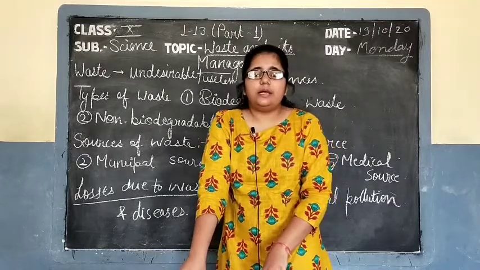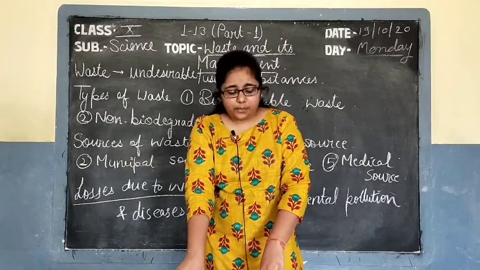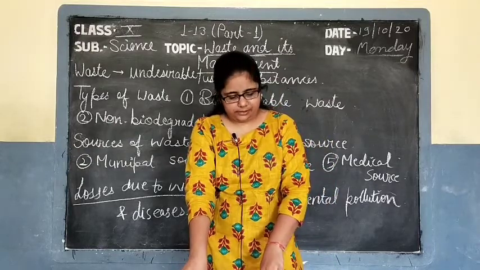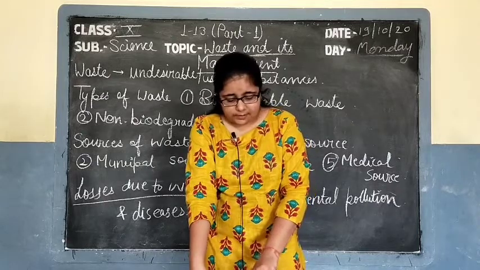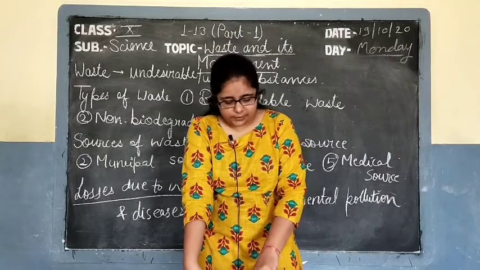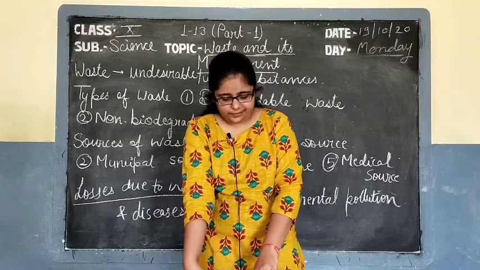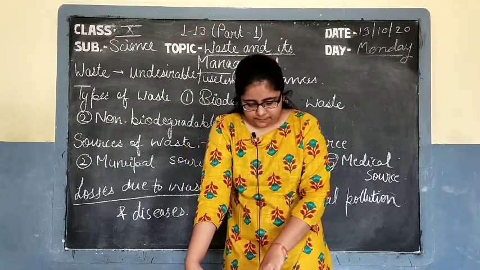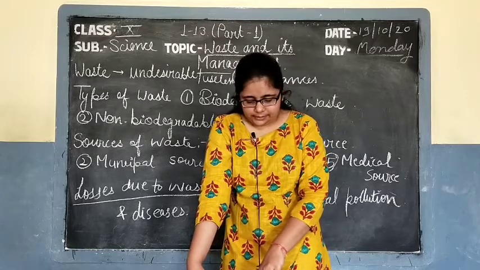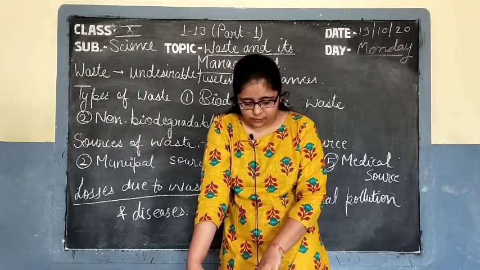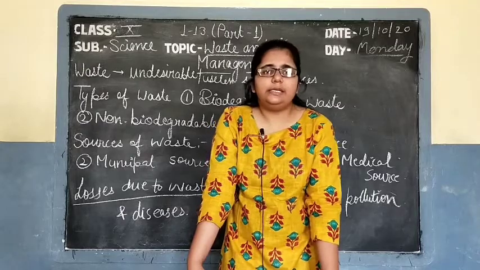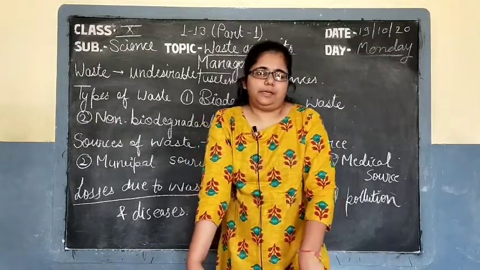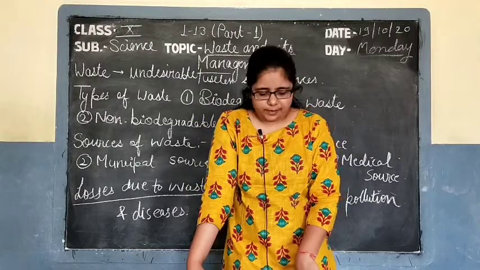So the waste is present in excess amount in the towns, and its management is also very difficult. In developed countries like the US, that is United States, the amount of urban waste is 4.34 crore tons per year. But in a country like India, where there are no proper provisions for waste disposal, the quantity is very much higher as compared to developed countries due to the poor management of waste.